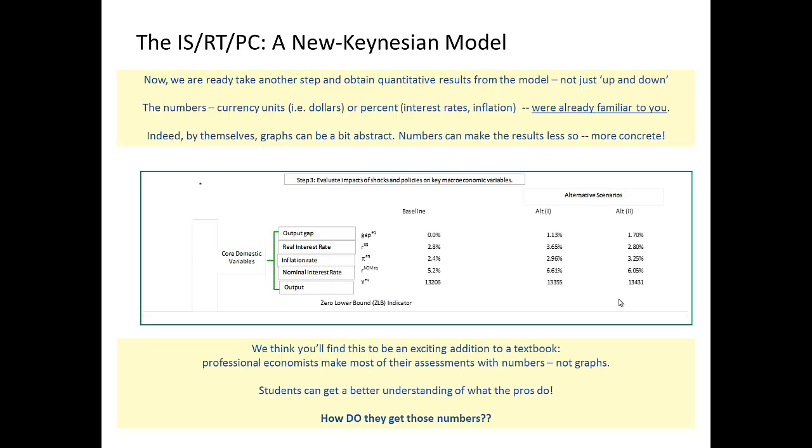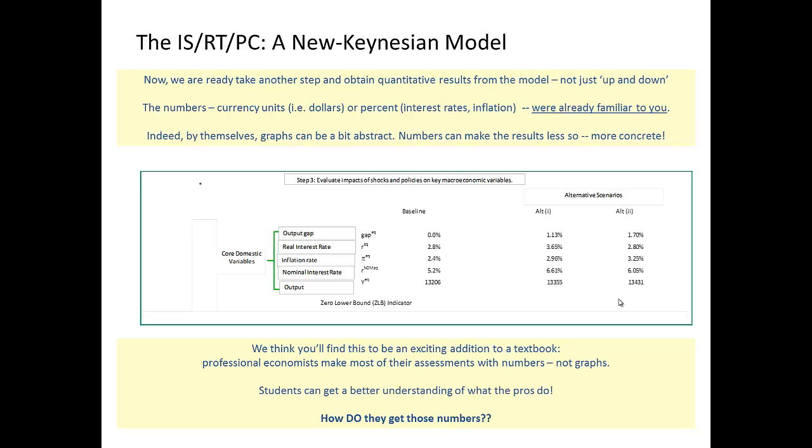Now the numbers that you're going to be working with, we're talking about currency units, such as dollars, or we're talking about percentage terms for interest rates or for inflation. These are very familiar concepts, and they were probably familiar to your students even before they began to take your class. And by themselves, the graphs can be a little bit abstract.